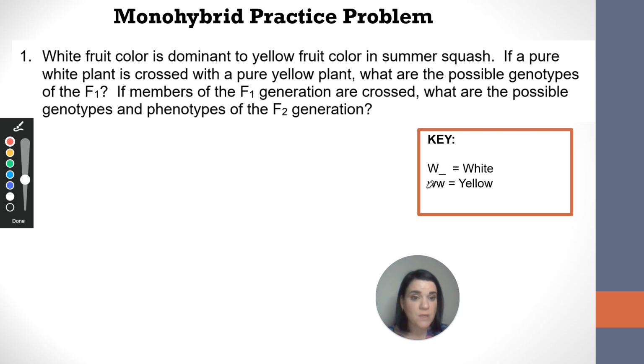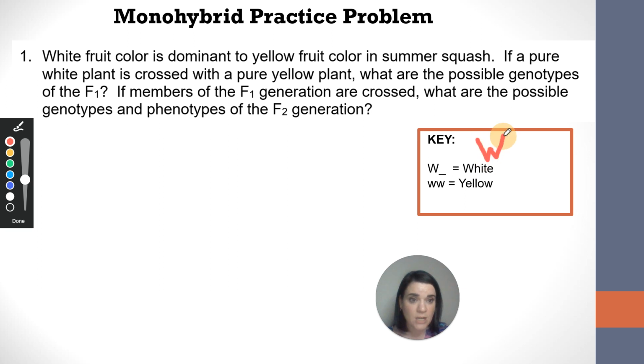So for the phenotype to show the recessive trait, it has to be homozygous recessive, right? The reason there's a line right here is because this could be a capital W or it could be a lowercase w, right?